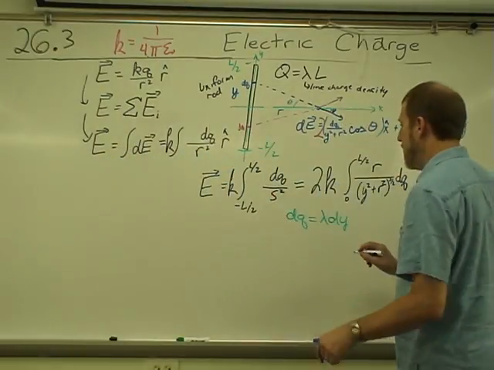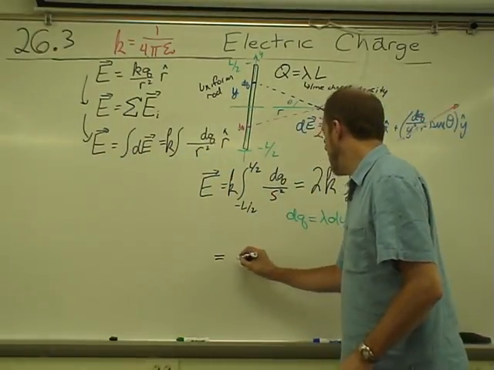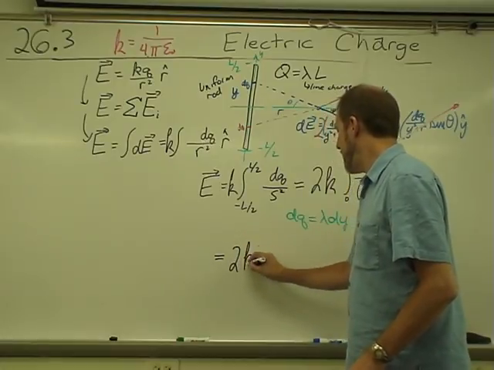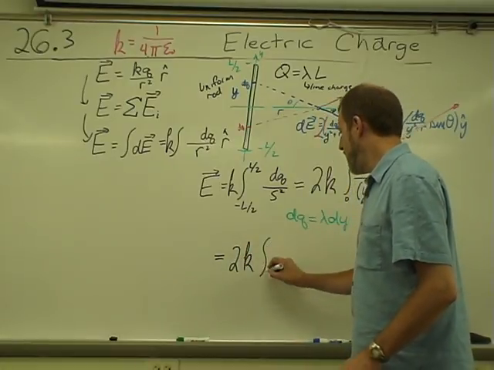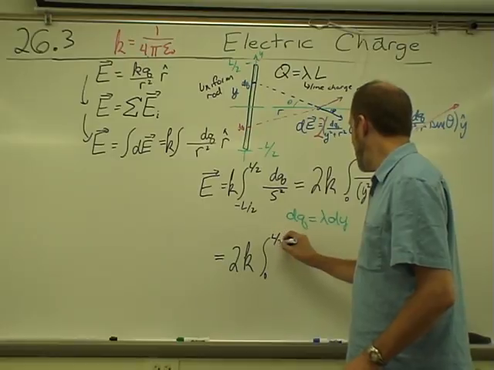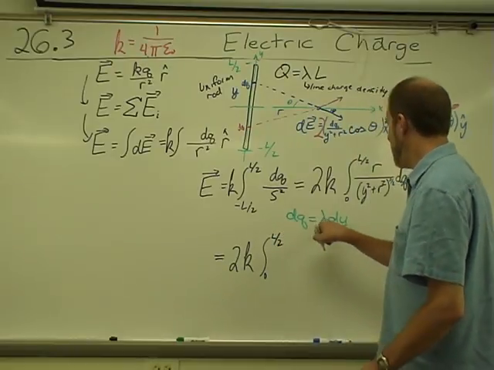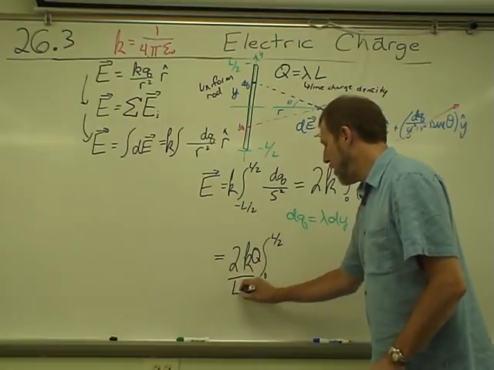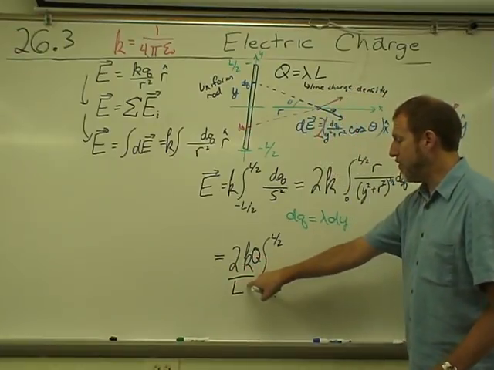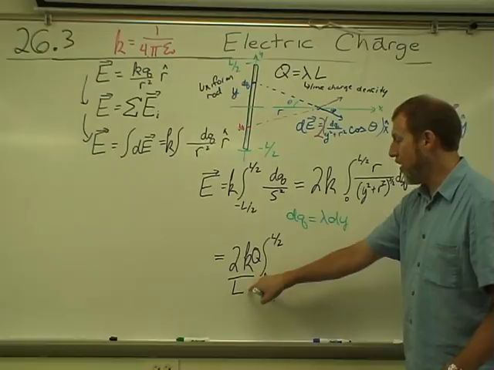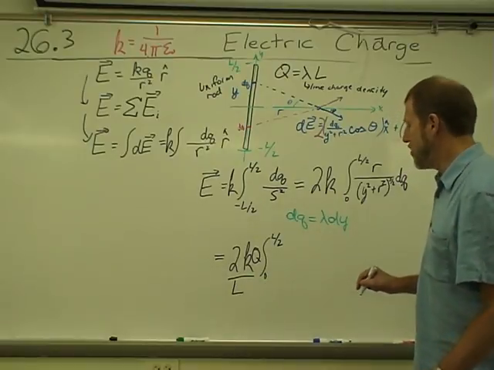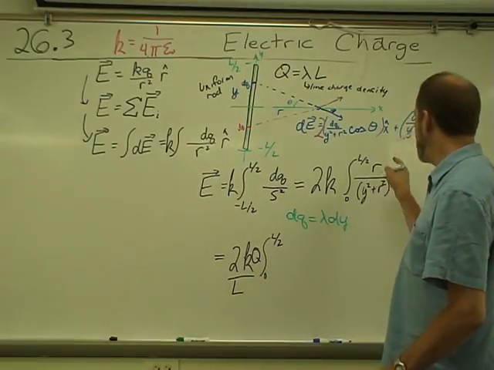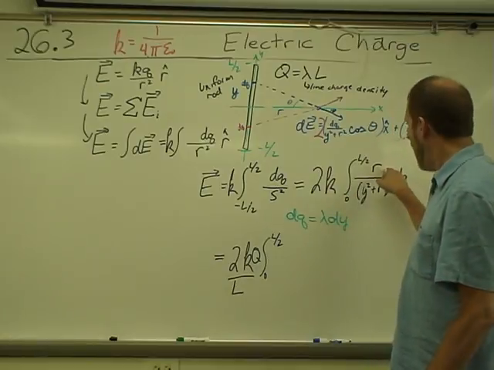making this equation 2 times k times the integral from 0 to L over 2 of lambda, which is a constant, so that can come out front, and I break that into q over L, which is also lambda, times r.